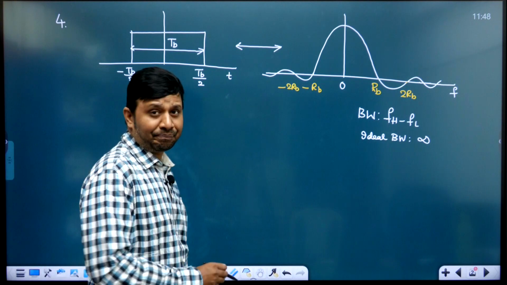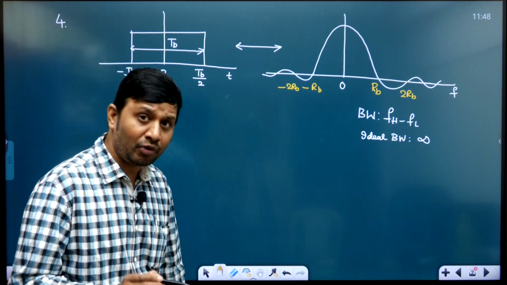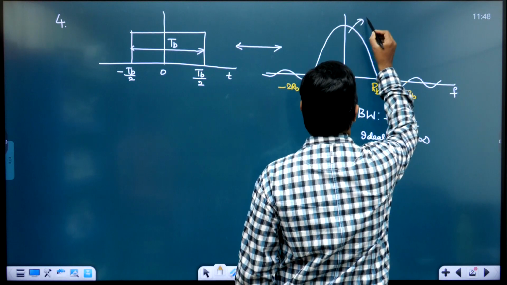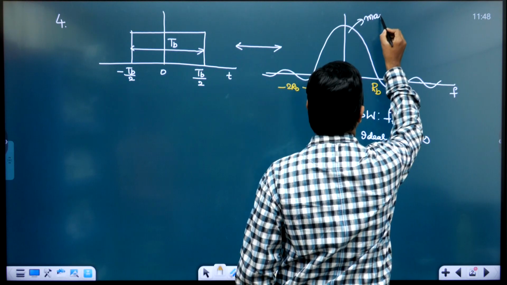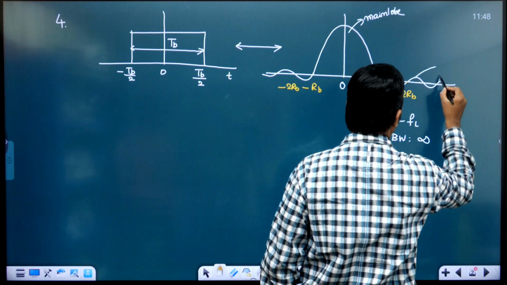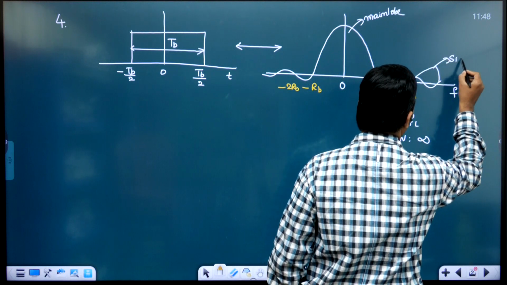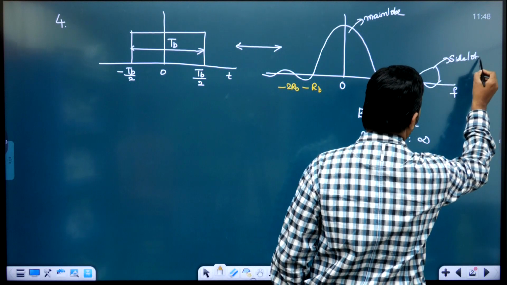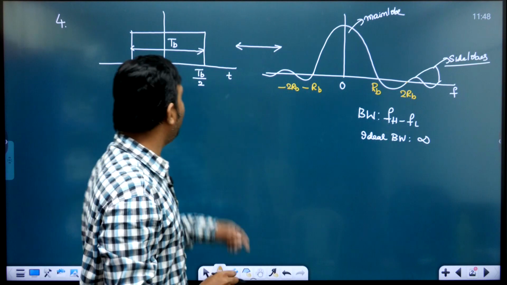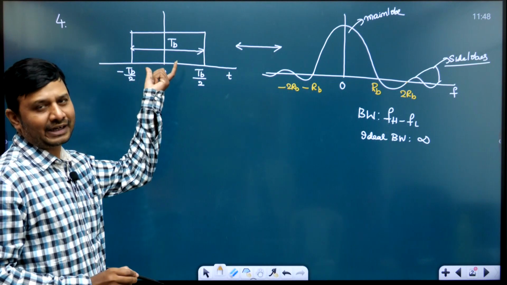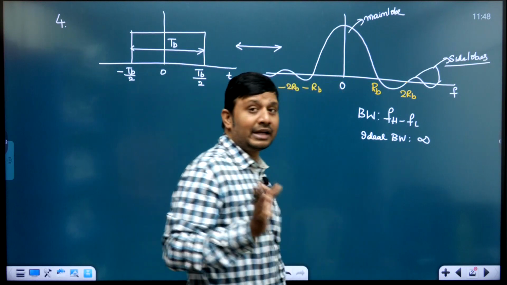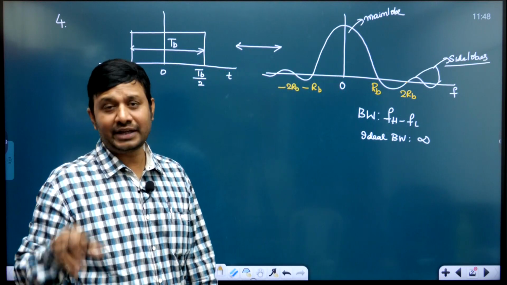But for practical purpose, this is what is known as the main lobe, and these are known as side lobes. These side lobes carry only 5% of the energy contained in this rectangular pulse, whereas the main lobe contains 95% of the energy.